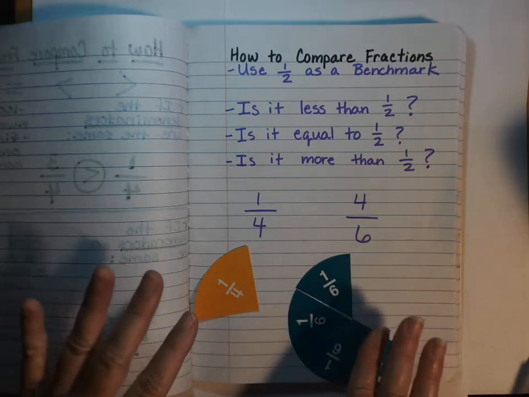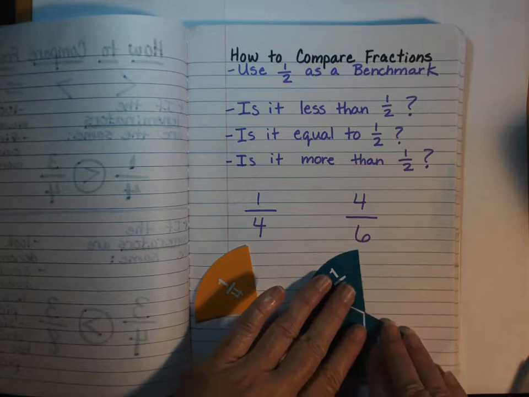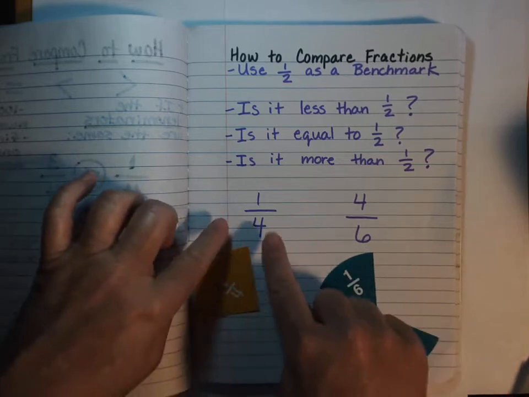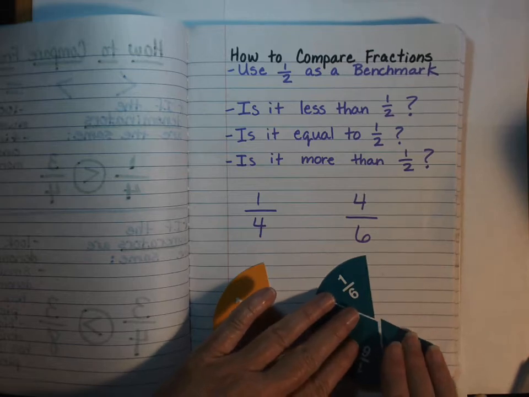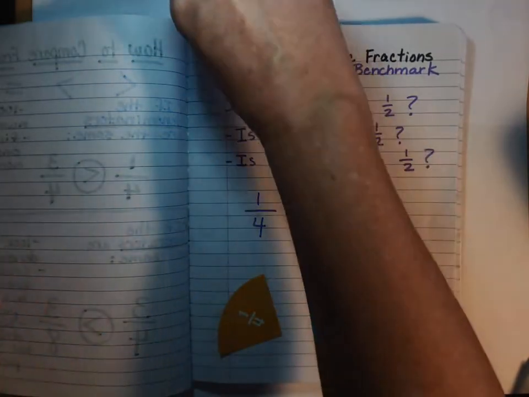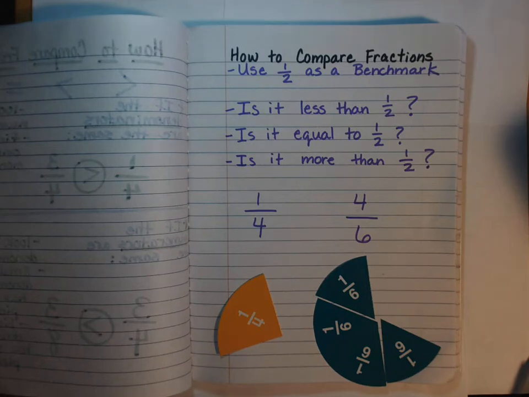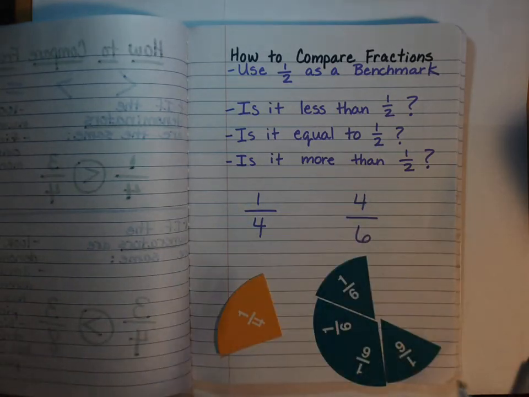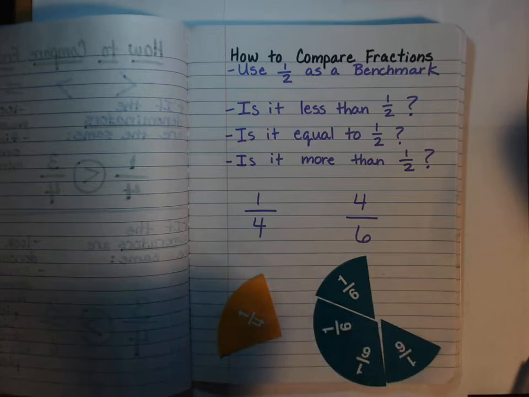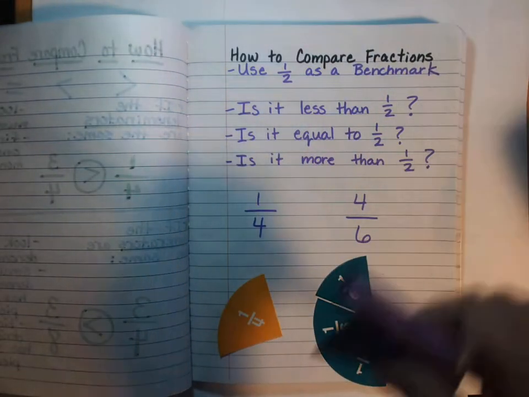But if I don't have models, I can compare each one to 1/2. 1/4 is less than 1/2. 4/6 is more than 1/2. How do I know that?